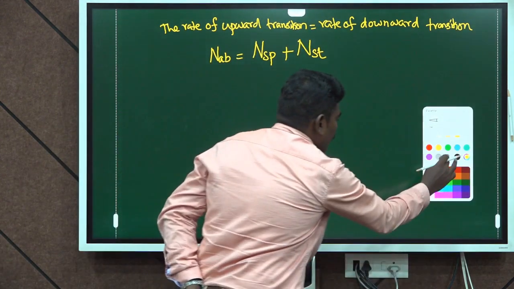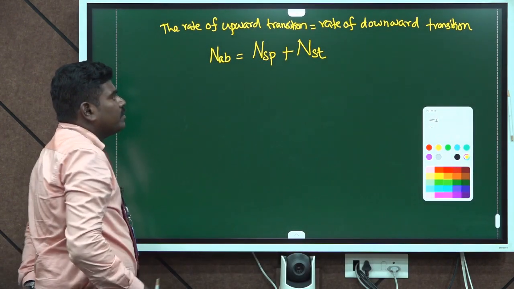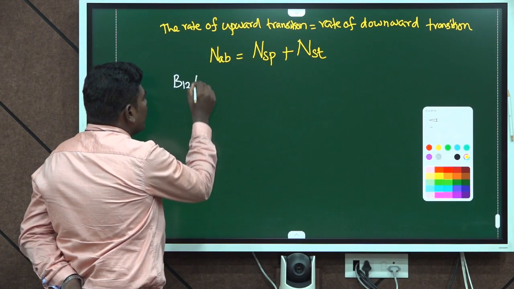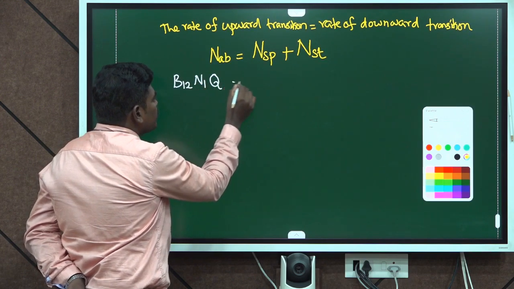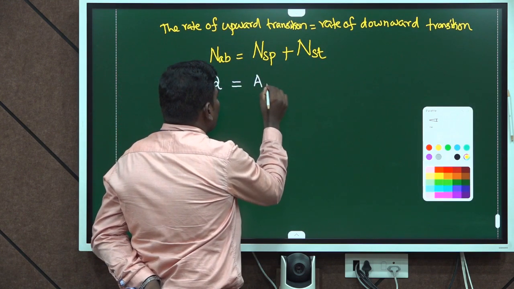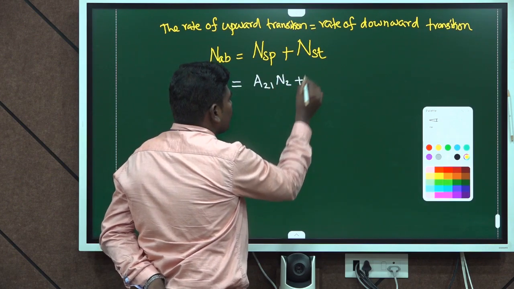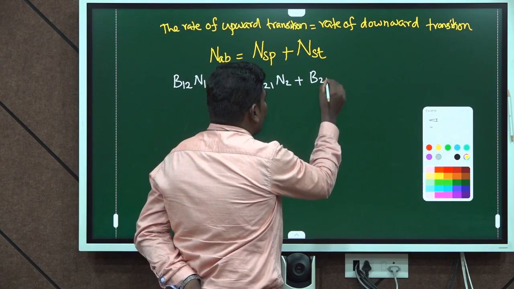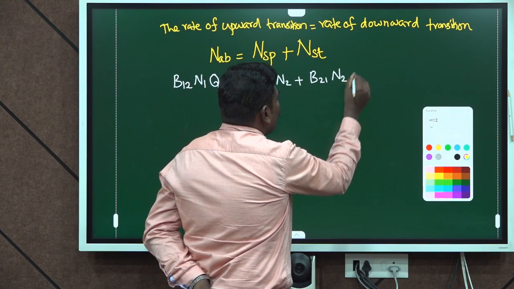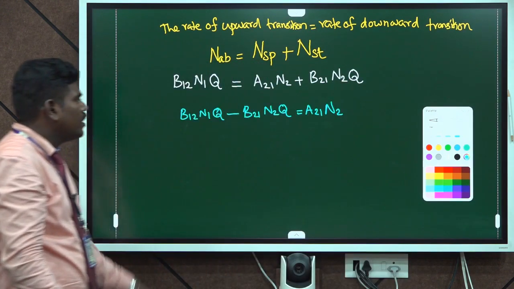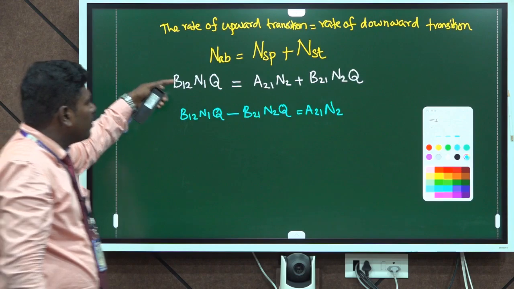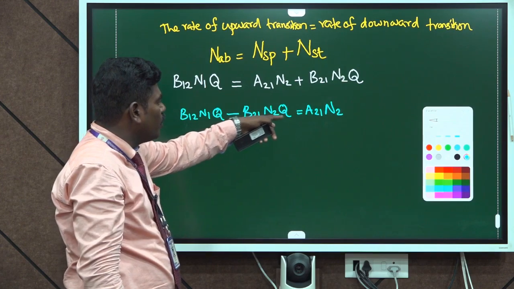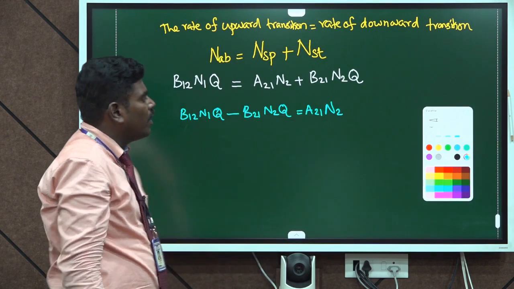As you know, the rate of stimulated absorption is B12 N1 Q, which is equal to A21 N2 plus the rate of stimulated emission, B21 N2 Q. So rearranging this equation, Q is common, so B12 N1 Q minus B21 N2 Q equals A21 N2.